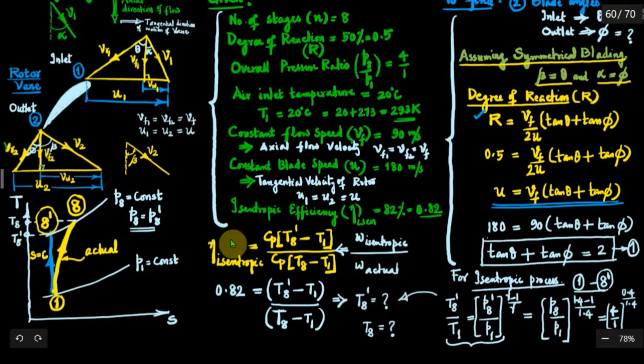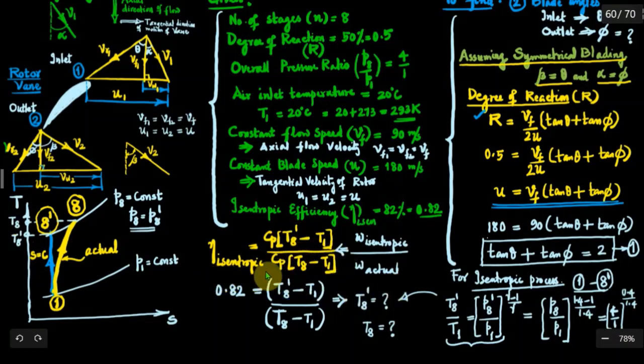Then isentropic efficiency is isentropic work done divided by actual work done. Isentropic work done is Cp into, essentially we take the difference in static enthalpies, so Cp into T8 dash minus T1. You are familiar with it, I need not explain again and again.